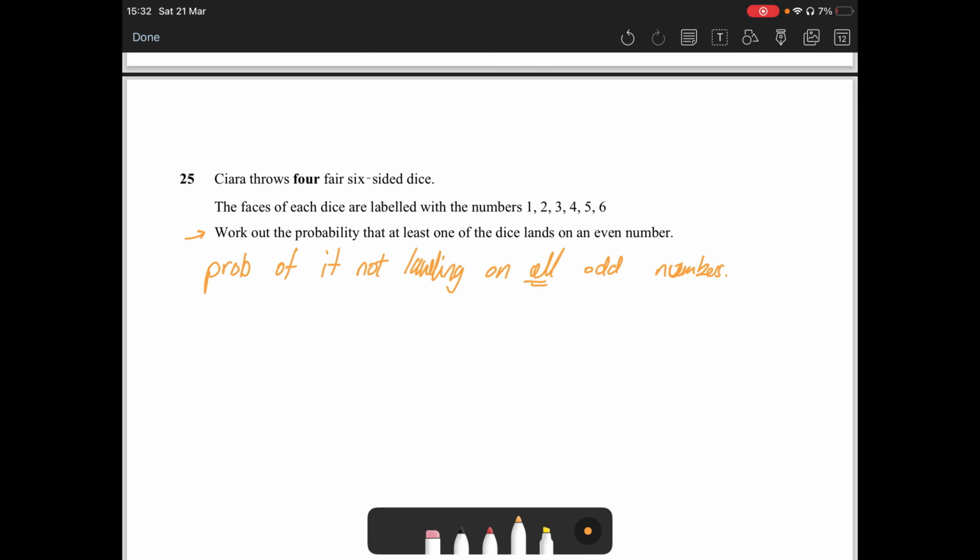Basically, you're going to get at least an even number as long as all 4 throws aren't odd. If you throw 4 odd numbers, you lose. So basically, anything goes except for you getting 4 odds in a row. Because anything that's not 4 odds in a row is at least one even number.